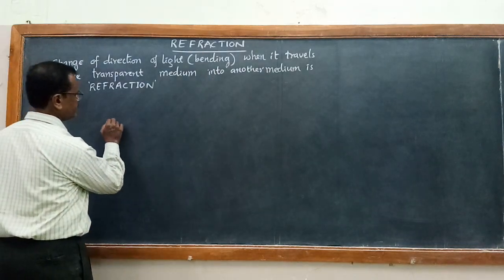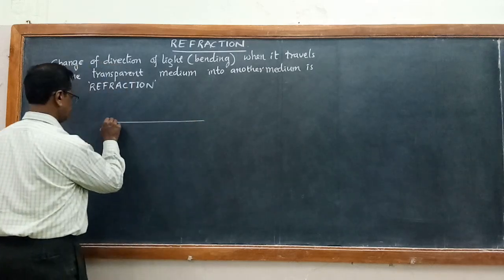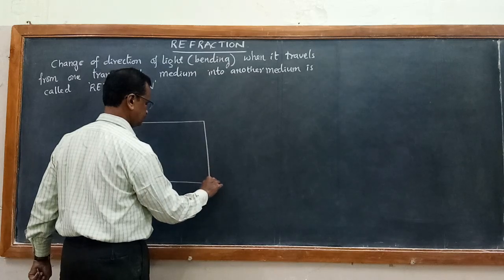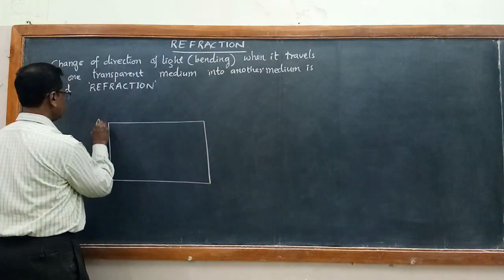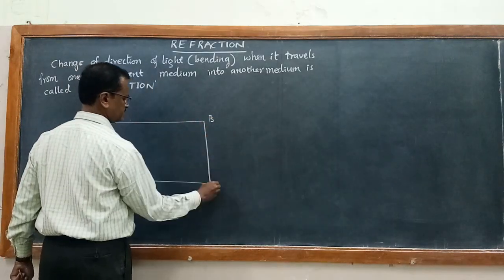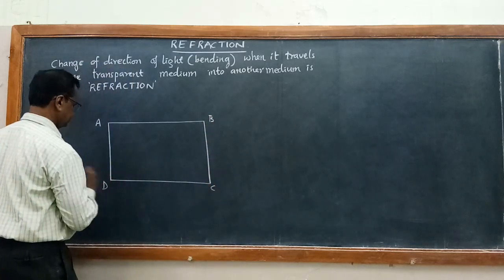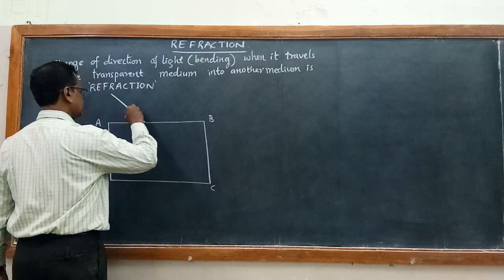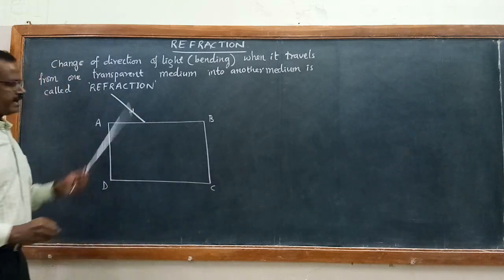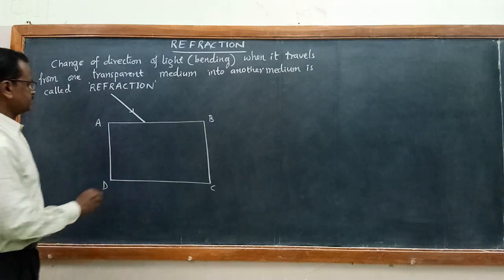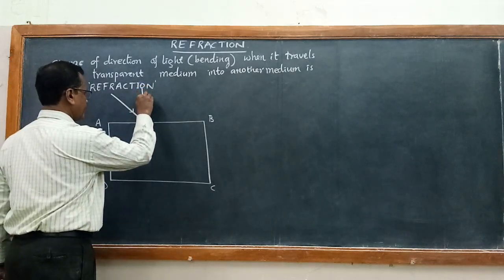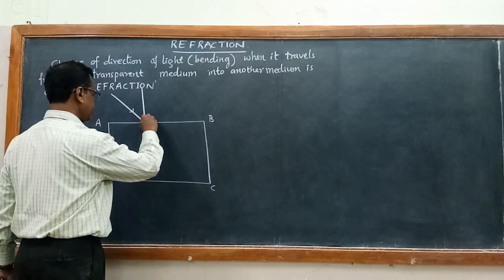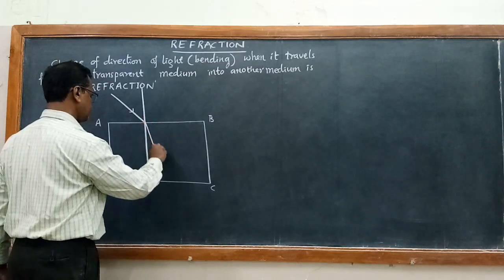Suppose this is a glass slab. ABC is a glass slab. If a ray of light falls obliquely, meaning at a certain angle with the glass surface, then if you trace this inside the glass, it appears to be bent.